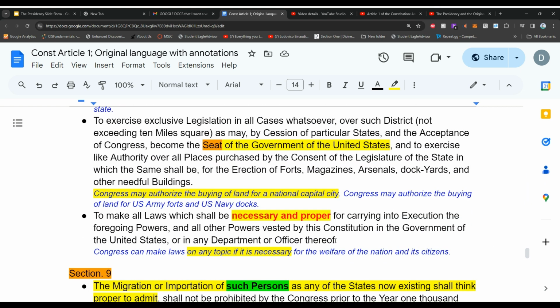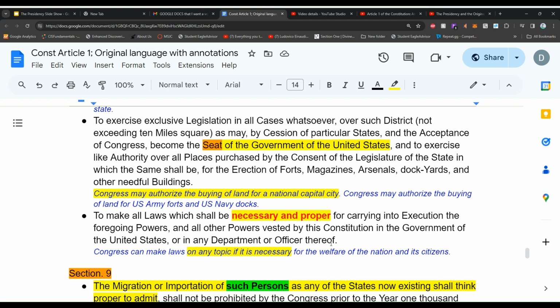Let's go down to the next bullet there: to exercise exclusive legislation. And then if we go to the orange seat of the government of the United States. So that bullet is all about Congress being authorized to buy land to then build a brand new capital city. So Washington, D.C. did not exist in 1787.